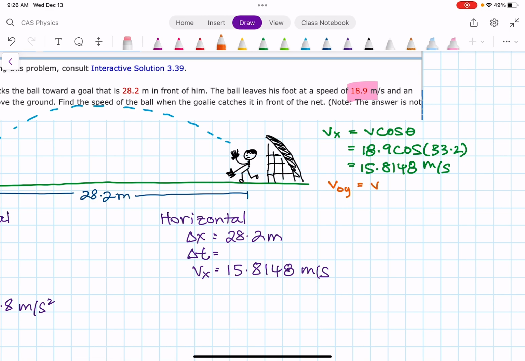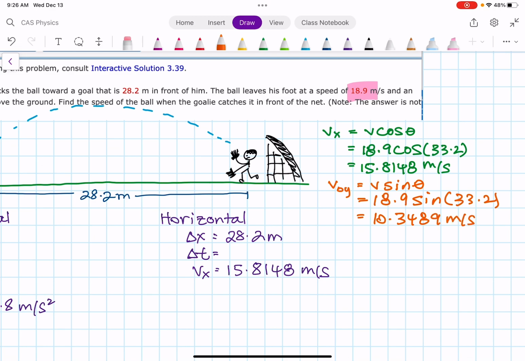And that equals V sine theta, which equals 18.9 sine of 33.2. Doing that math, sine of 33.2, we get 10.3489 meters per second.